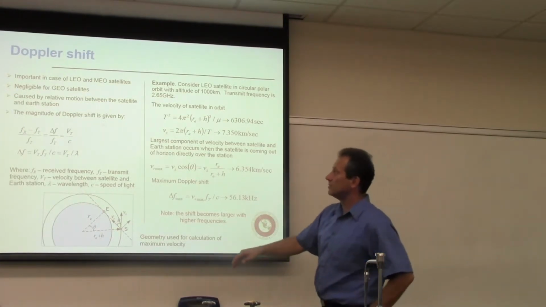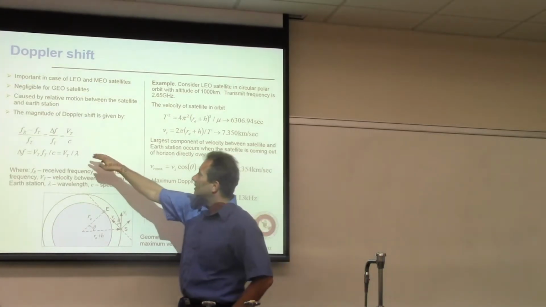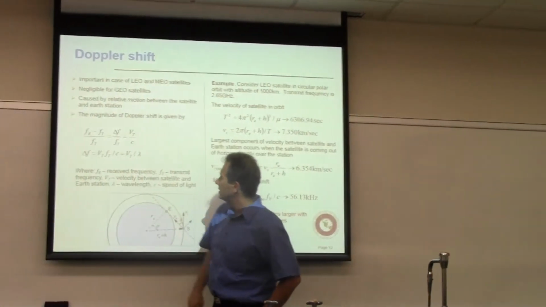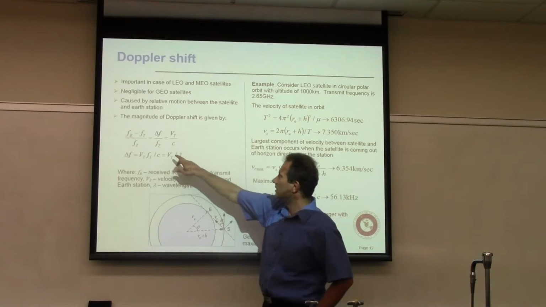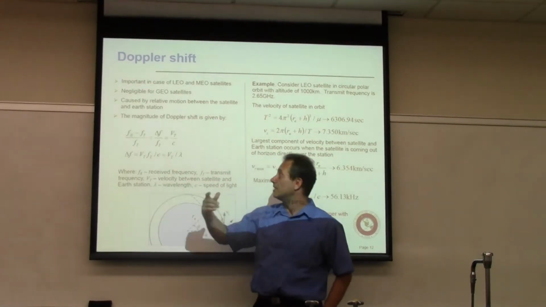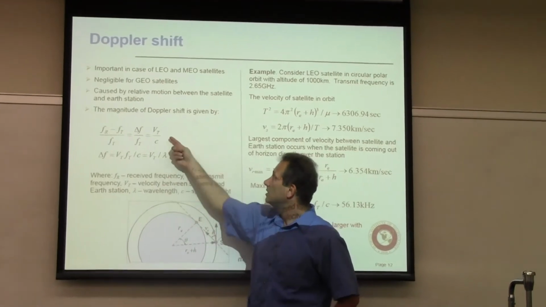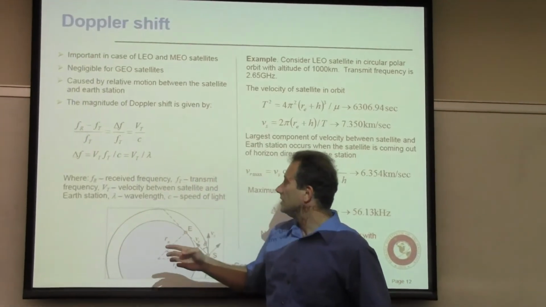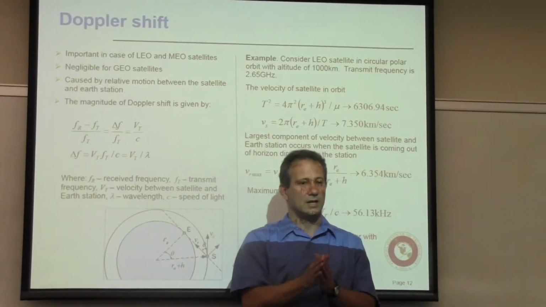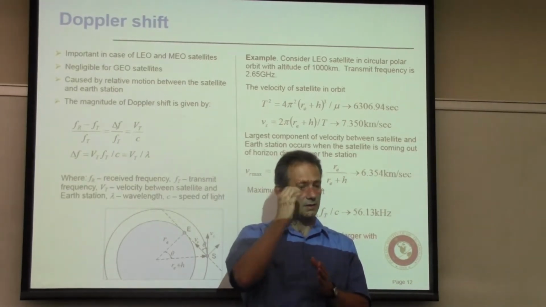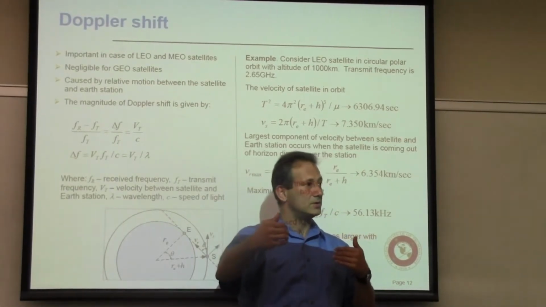The change in frequency is delta F over Ft. Ft is the transmit frequency, the carrier frequency that you're operating. Delta F, the change in the frequency, is equal to Vt over C times Ft. Vt is the velocity between the satellite and the ground point, or between transmitter and receiver.